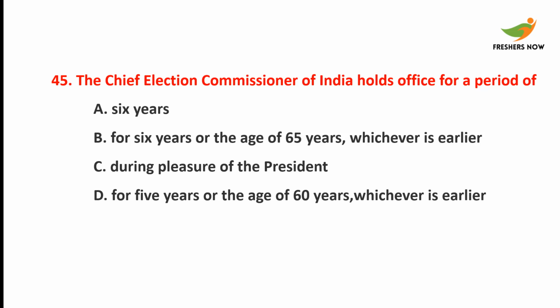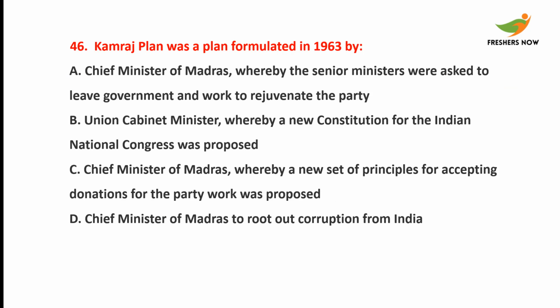45th question. The Chief Election Commissioner of India holds office for a period of. And the answer is B, for 6 years or the age of 65 years, whichever is earlier. 46th question.